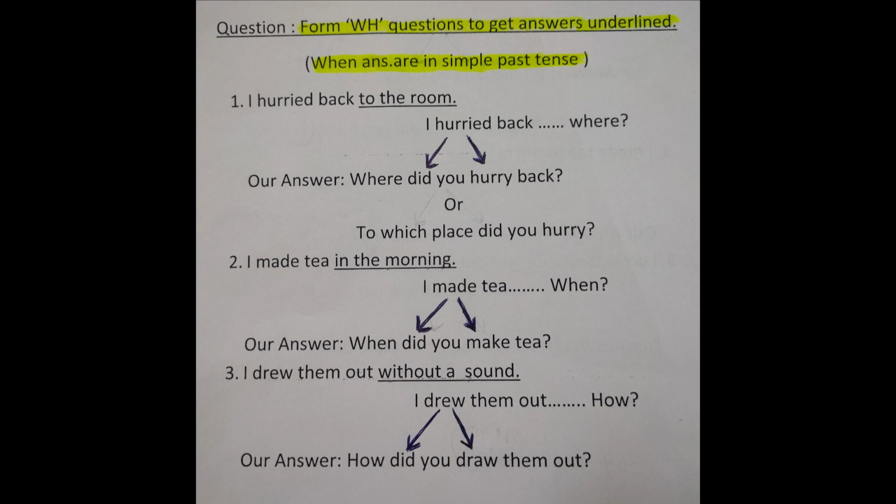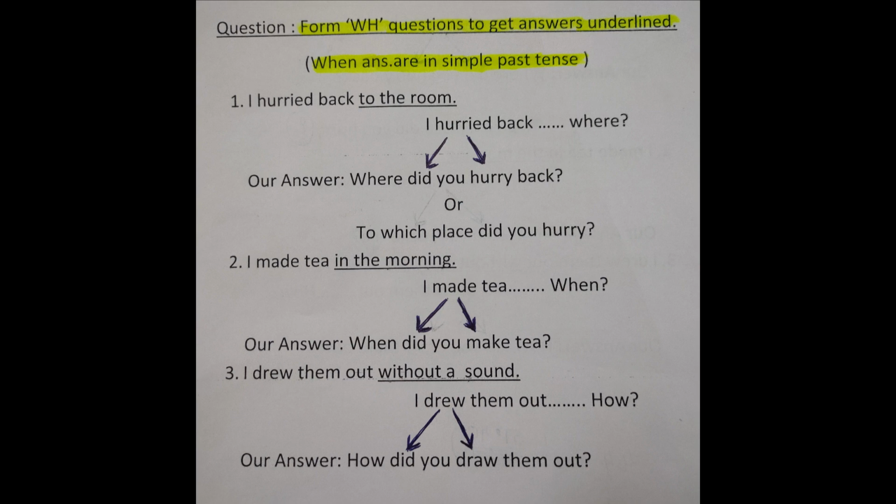Now let's take one more example. I drew them out without a sound. Without a sound is underlined. So we will have to frame a WH question which will give us the answer as without a sound. Without a sound means a manner in which the action is taken. So for manner we use how as the WH word in the question.